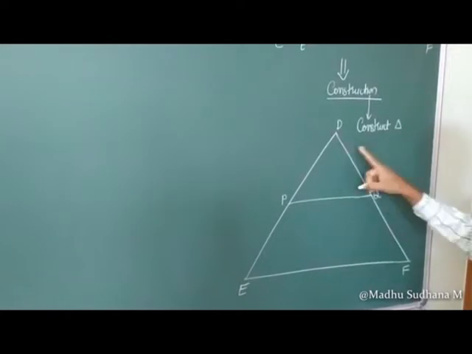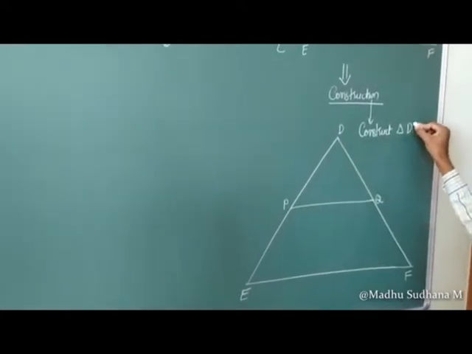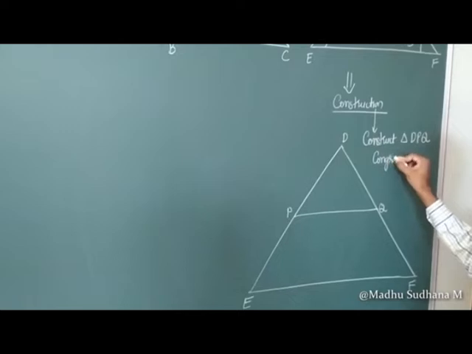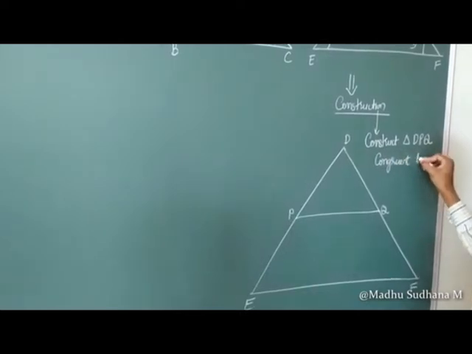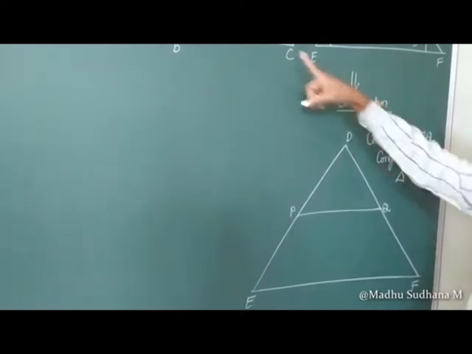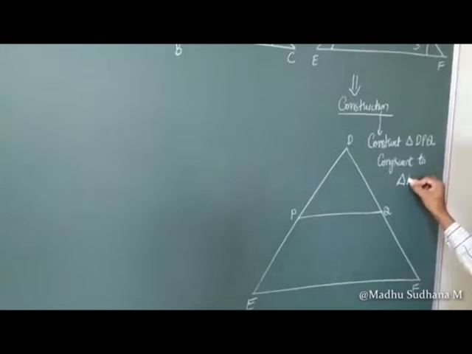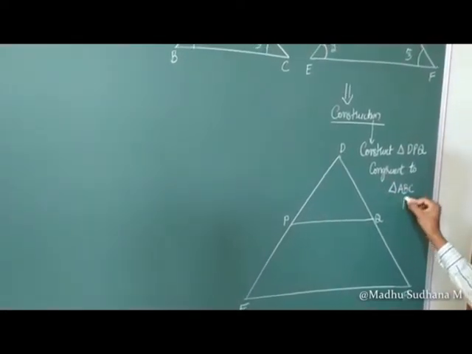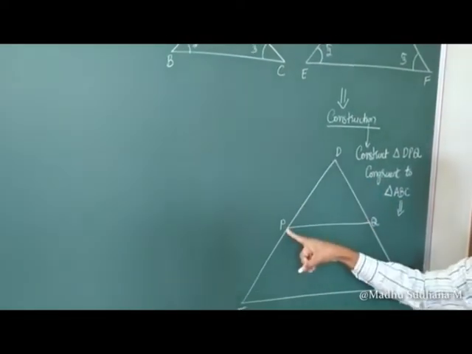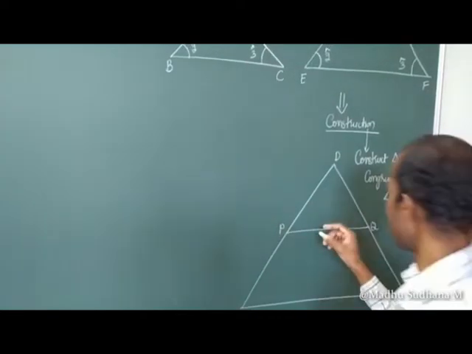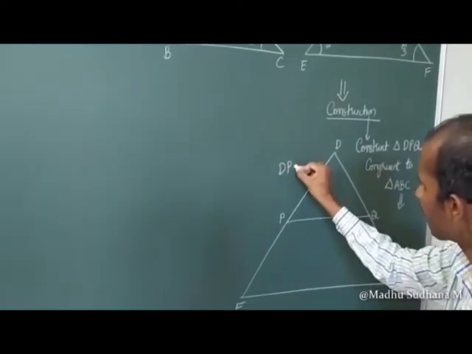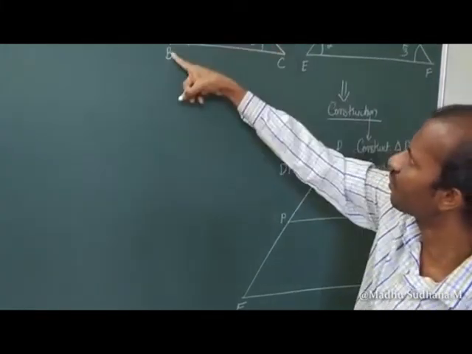Construct triangle DPQ, very, very important, congruent to triangle ABC. Followed it, triangle ABC. So what is the meaning of this? This length DP is equal to the length of AB.